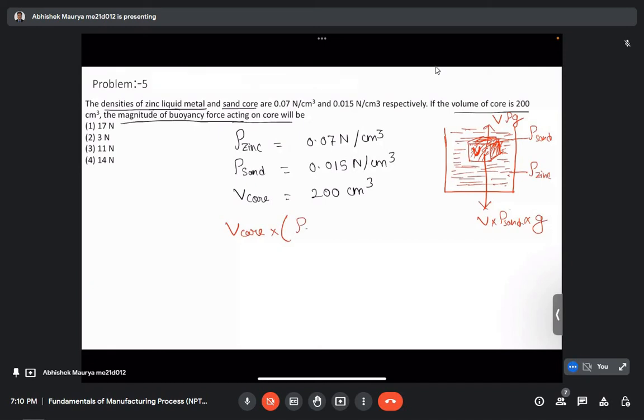Basically here, density of zinc minus density of the sand. And I will call it F buoyancy.